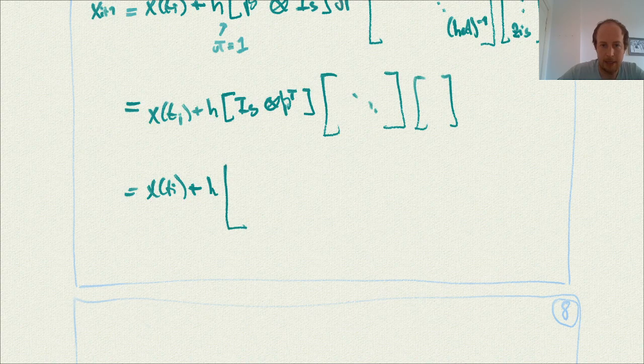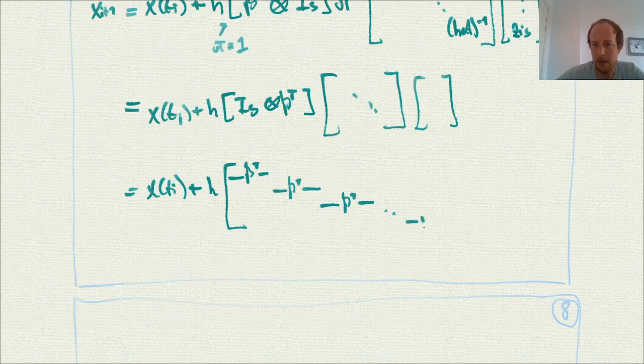What does this look like? Actually it looks like this. So beta transpose, this is a long vector, beta transpose, a long vector, beta transpose, a long vector, up to beta transpose, this long vector, times this matrix.